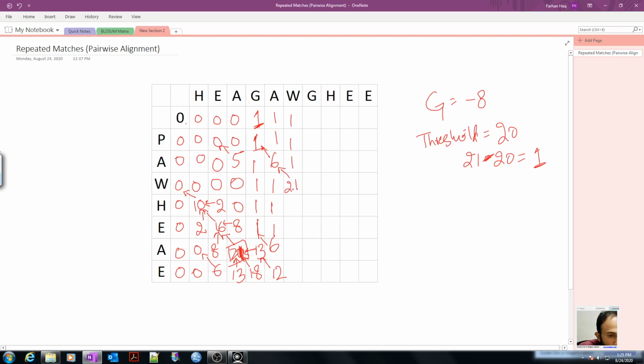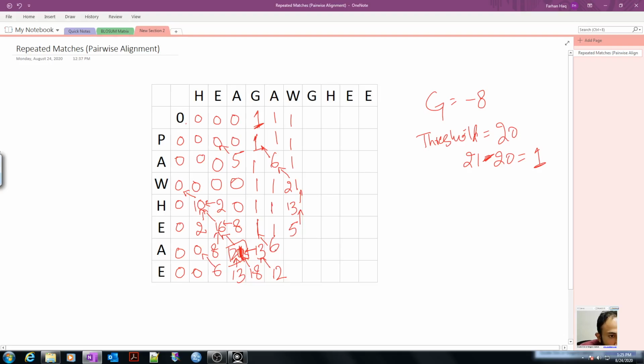Now this is again 21, which we have already reached here, so again we will move forward. H and W will add gap here, so 13. And then E and W we will add gap here because the maximum value is coming from here, 5.